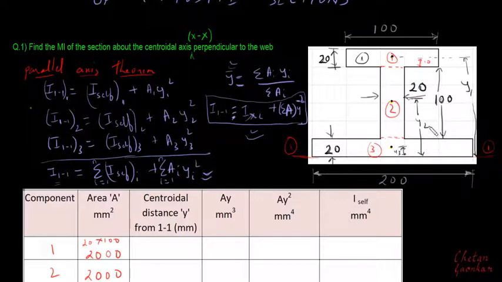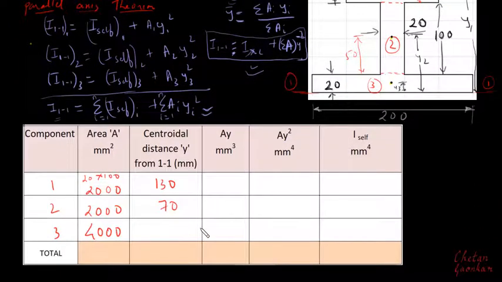So this total becomes 130. So y1 is 130. Y2 will be 20 plus 50, so this will be 70, because this is 20, and from here to here this will be 50. So the total distance from 1 1 to this point will be 70. Similarly, the third centroidal distance y3 will be from this reference axis up to this point. It will be half of 20, and that will be 10.